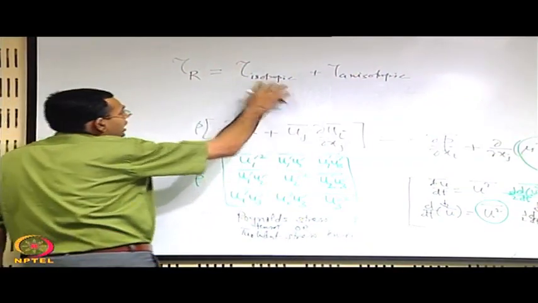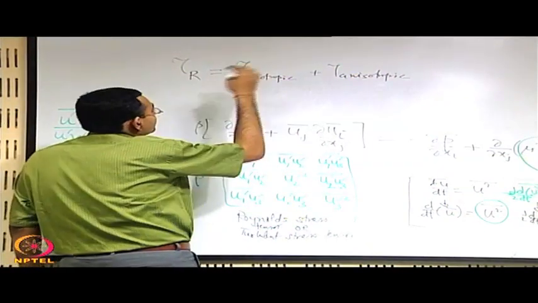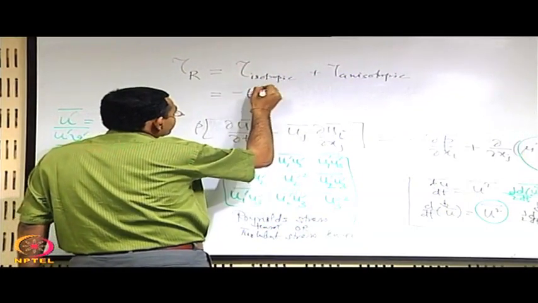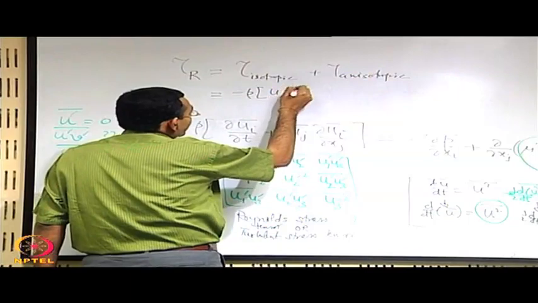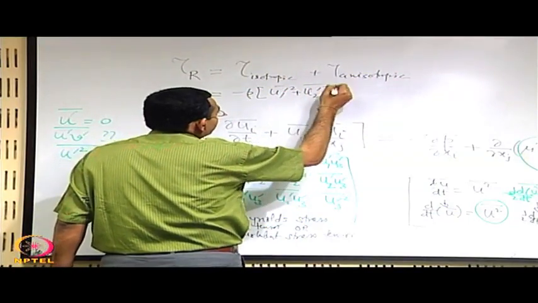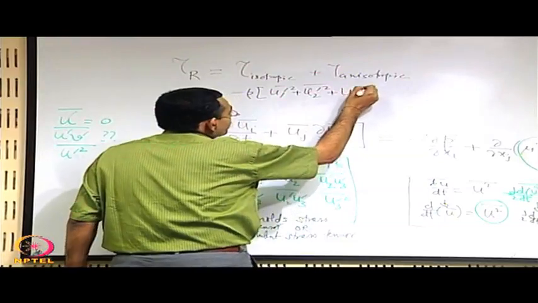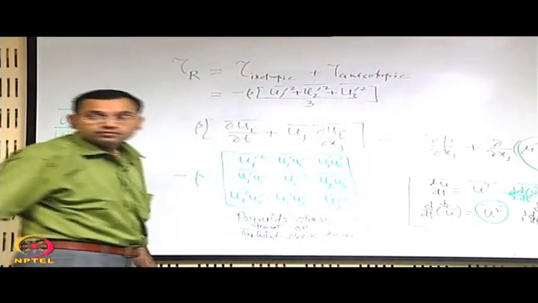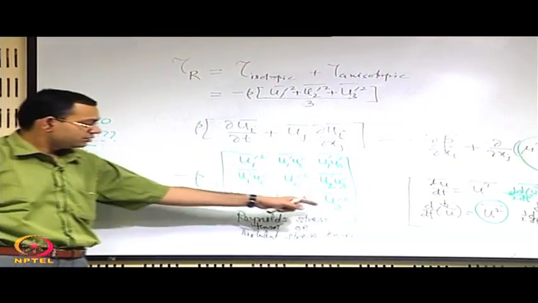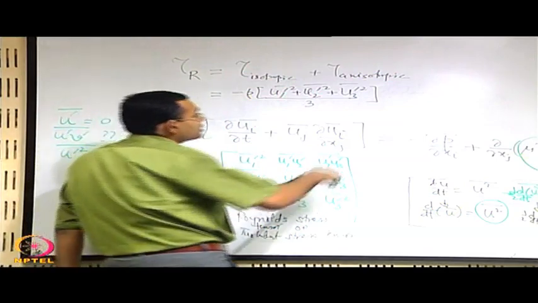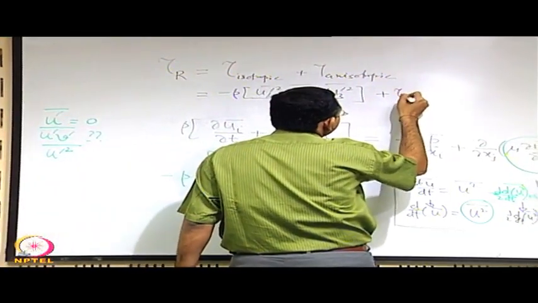So, when you write the isotropic part, it is basically minus rho times u1 prime square plus u2 prime square plus u3 prime square, averaged by 3, that is the mean of the terms in the diagonal, and the remaining is the anisotropic.